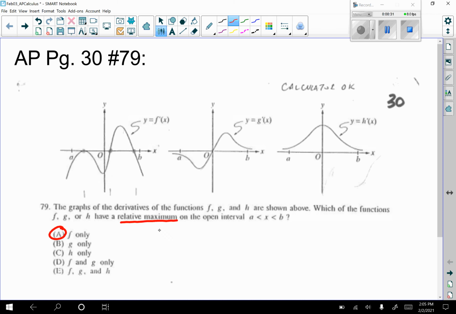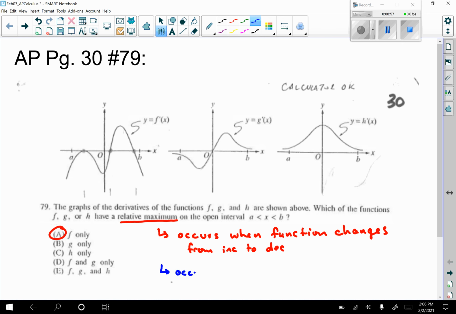So remember, a relative max is going to occur when our function changes from increasing to decreasing. But we're not given the graphs of the function, so we have to rewrite this.